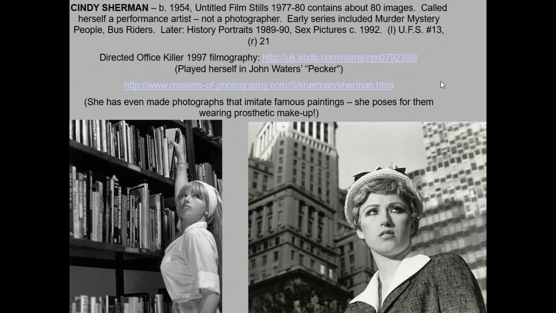What she became famous for were a series of images known as the untitled film stills, in which she herself, through different makeup and different costume and different settings, acted the part of sort of stereotypical feminine roles in movies. And so even though she's the same person in each image, she transforms your opinions about who she is and what she's doing.